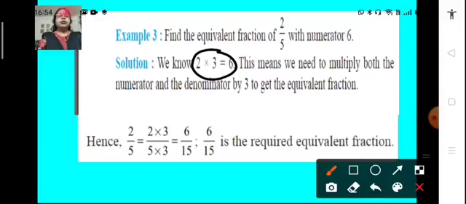That means we have to multiply both the numerator and denominator by 3 to get an equivalent fraction which has the numerator 6. So both the numerator and the denominator have been multiplied by 3, and what do we get? We get 6 upon 15. So 6 upon 15 is the required equivalent fraction.